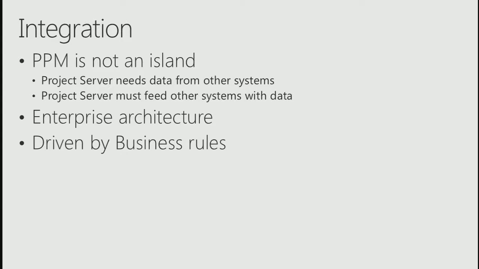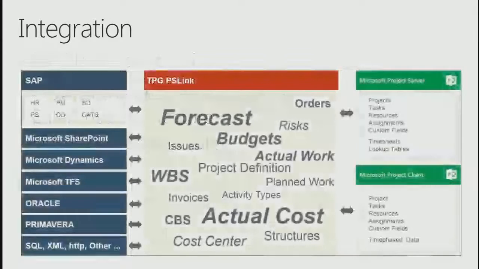If you try to force them to use a certain cost structure, you will see so many Excel files, so many single project files being created, so much shadow accounting, which you don't want to have. So that's very important. It's driven by business rules. There are so many business rules you need to understand before you start implementing the system in the enterprise. So this is the bottom line.